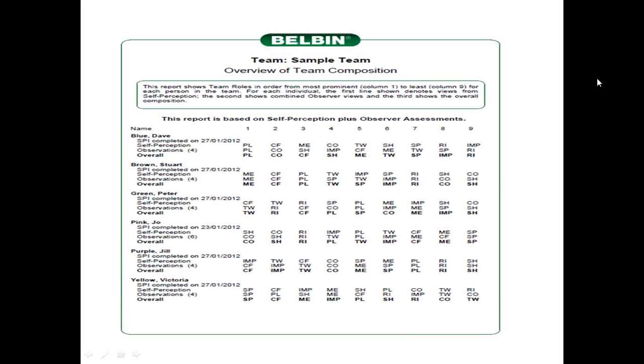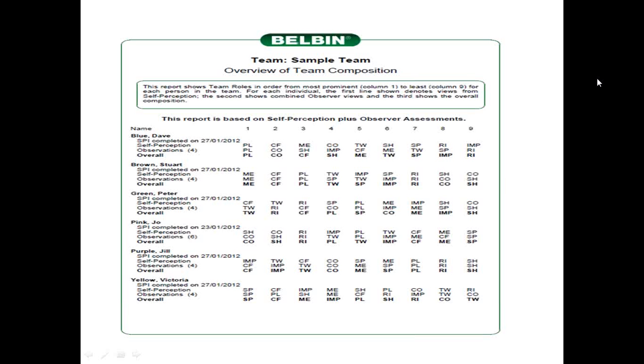On the other hand, if you look at roles 7, 8, and 9, Dave is seen as a specialist, implementer, and a resource investigator. And again, with one exception, the observers and the self-perception is the same. So that gives an overall blended view of the team composition. And as we've done that for Dave Blue, so we can do with all the other colors down there.